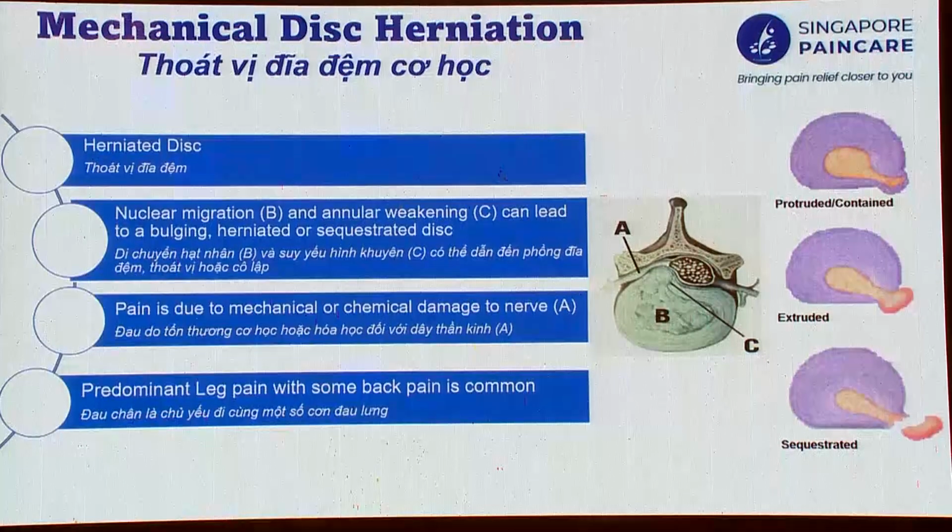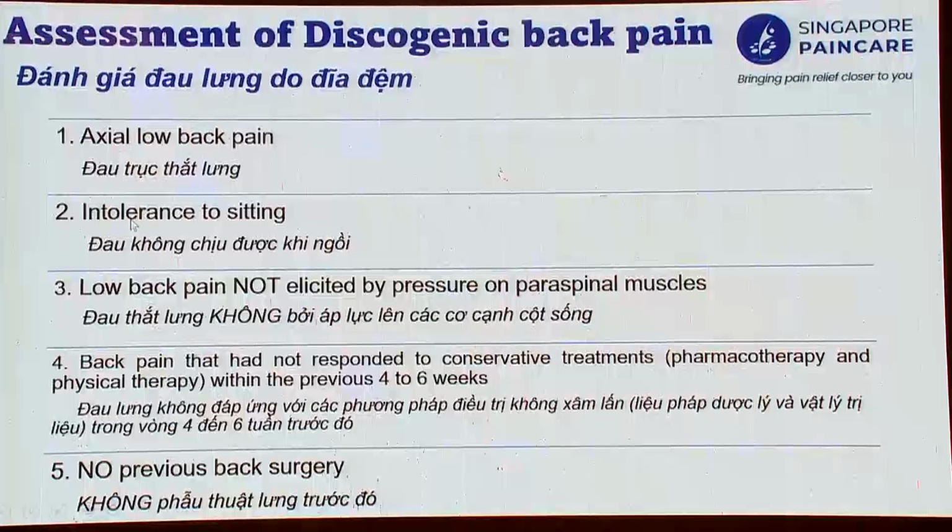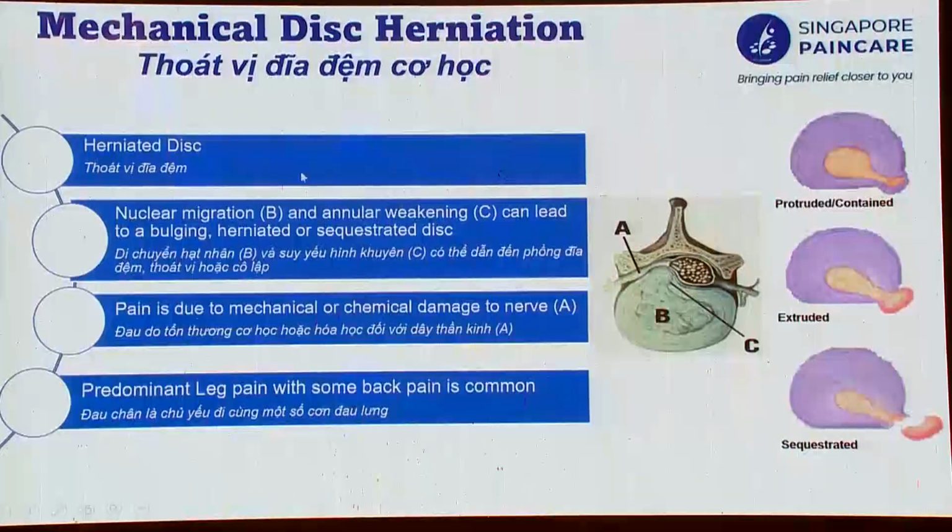The other part is whereby the disc itself starts to have a mechanical outcome, whereby the disc starts to migrate. There is annular weakening at this part. Once the annulus is weakened, there is nuclear migration, and then there is bulging.